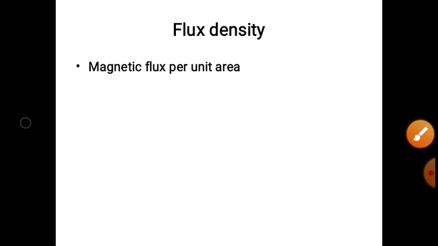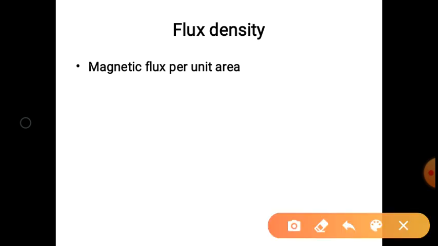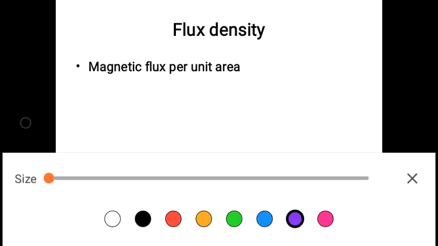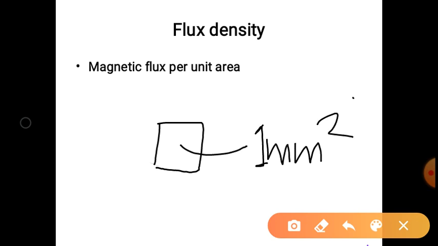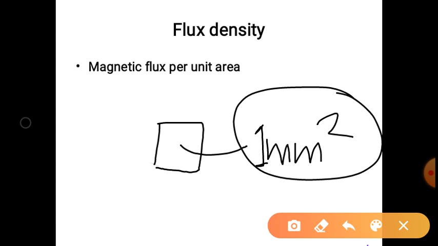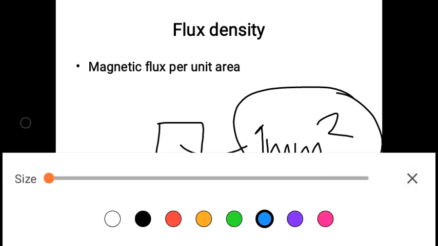It is flux density. Flux density is flux created per unit area. So how much flux will be created by using this 1 mm square magnet? It is called a flux density. So how do we represent this flux density?